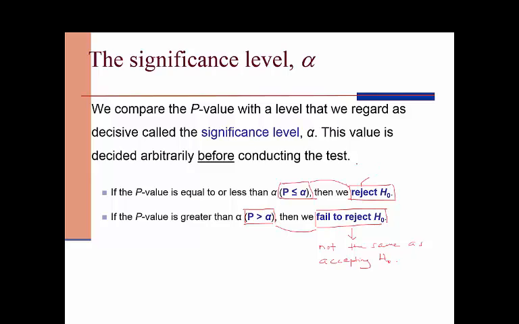Rejecting the null hypothesis, however, is the same as accepting H1, the alternative hypothesis. By rejecting the null hypothesis, you are accepting the alternative hypothesis. But by failing to reject the null hypothesis, you're not accepting H naught. You're simply saying the test is inconclusive.